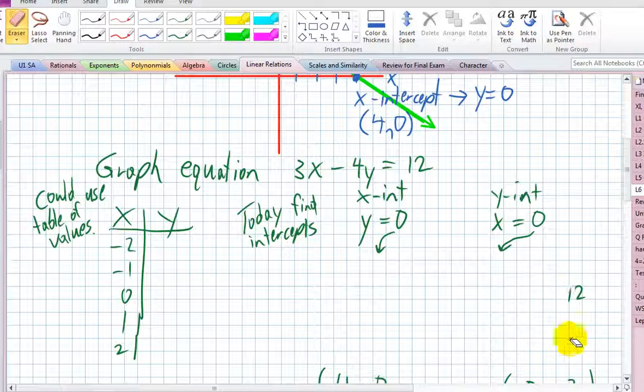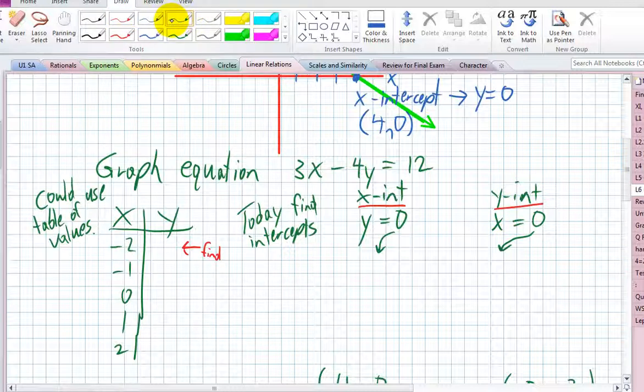And so we would get something simple like -2, -1, 0, 1, and 2. And then you would substitute in and you'd have to find these values. Okay. Today, we're just going to keep it simple and find the intercepts. So we have our x-intercept and your y-intercept.